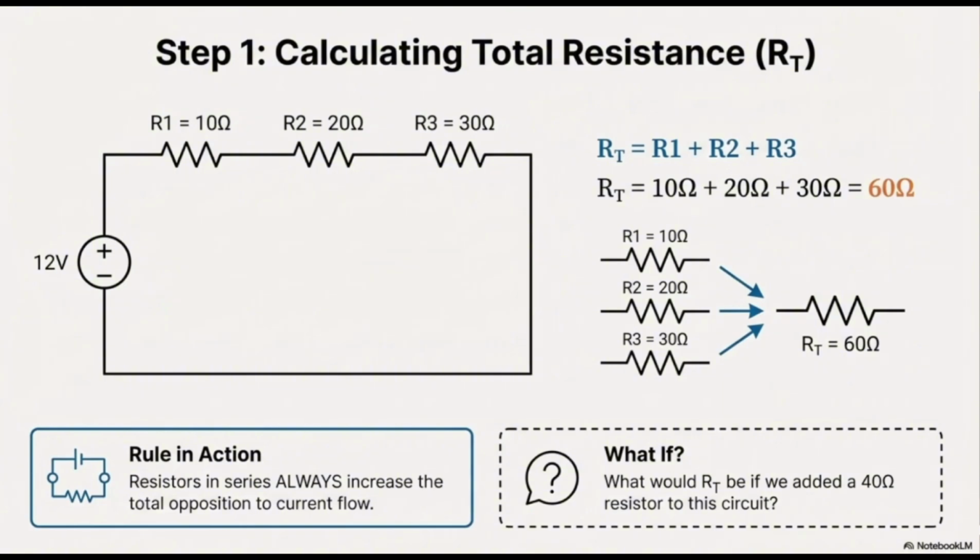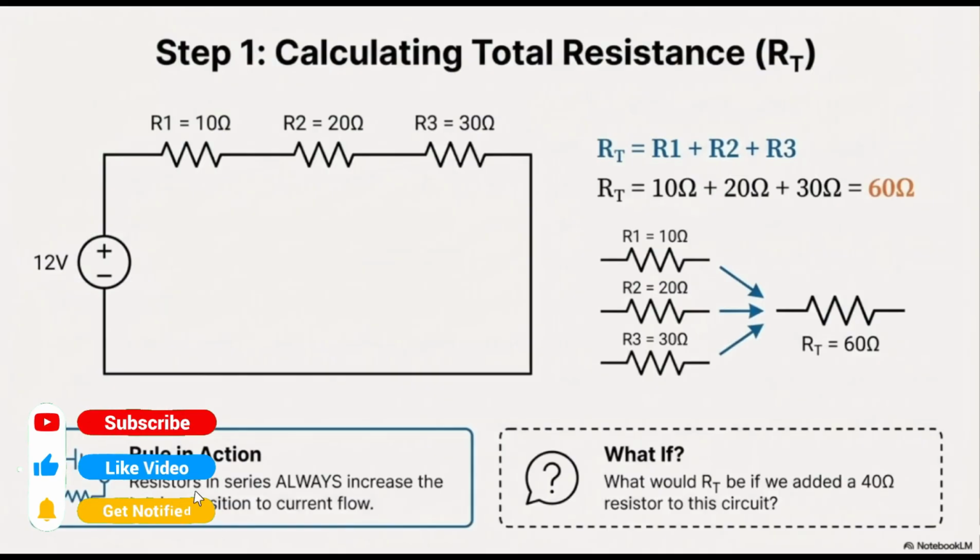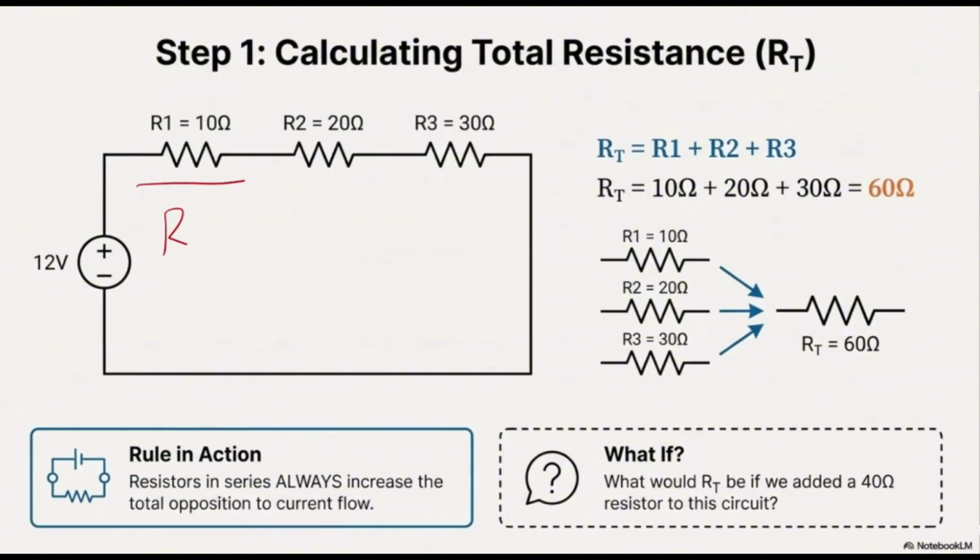So, calculating the total resistance. Before talking about everything we had, let's see an example with some steps. The very first step in each circuit is to find how much resistance we have against the current. How can we find that? It was simple. As I just told you, the total resistance, or total fighting, is R1 plus R2 plus R3.